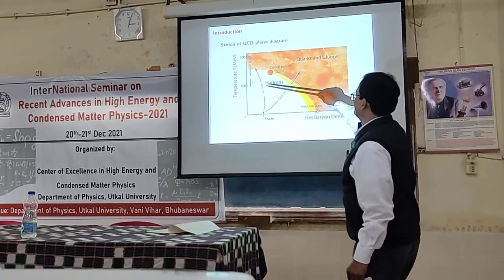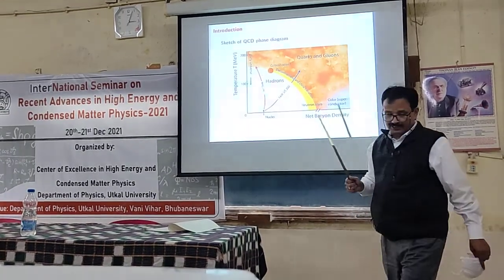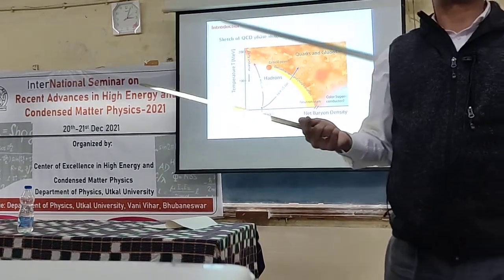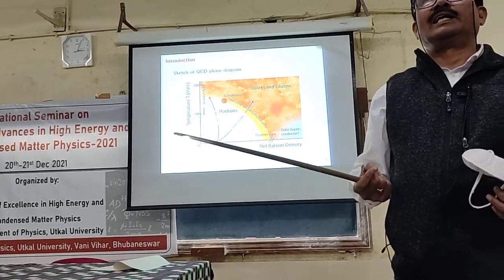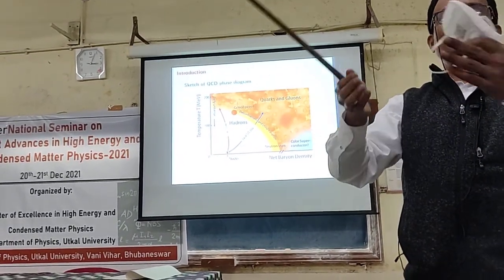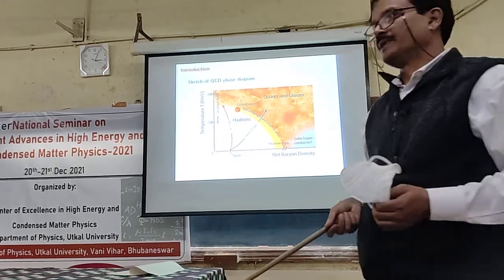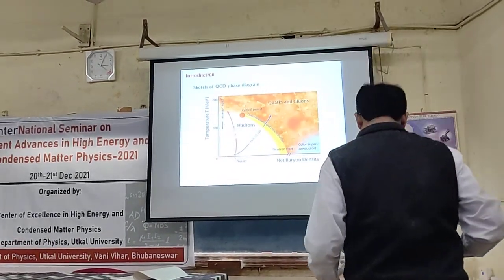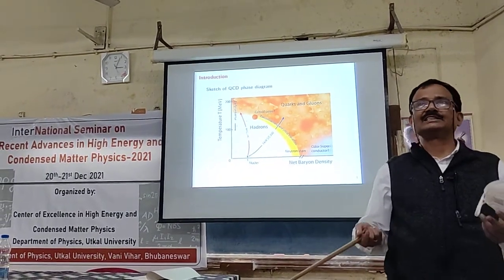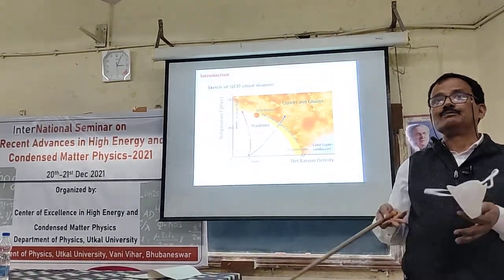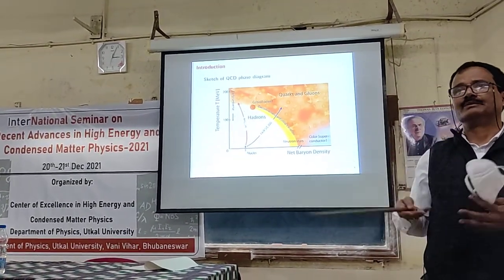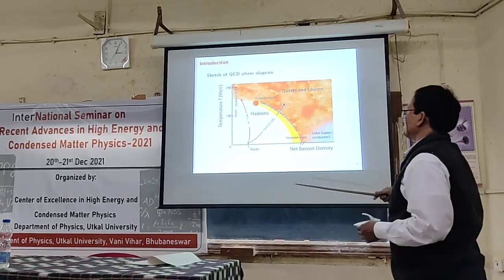And this I have told about the early universe, because as you know, the universe started with a Big Bang. That is the theory we know. After the Big Bang, it was like a point and then started expanding. As it expands, it cools. A few tens of microseconds after the Big Bang, the temperature was about 100 MeV, a good estimate is 150 MeV, when this phase transition might have occurred.